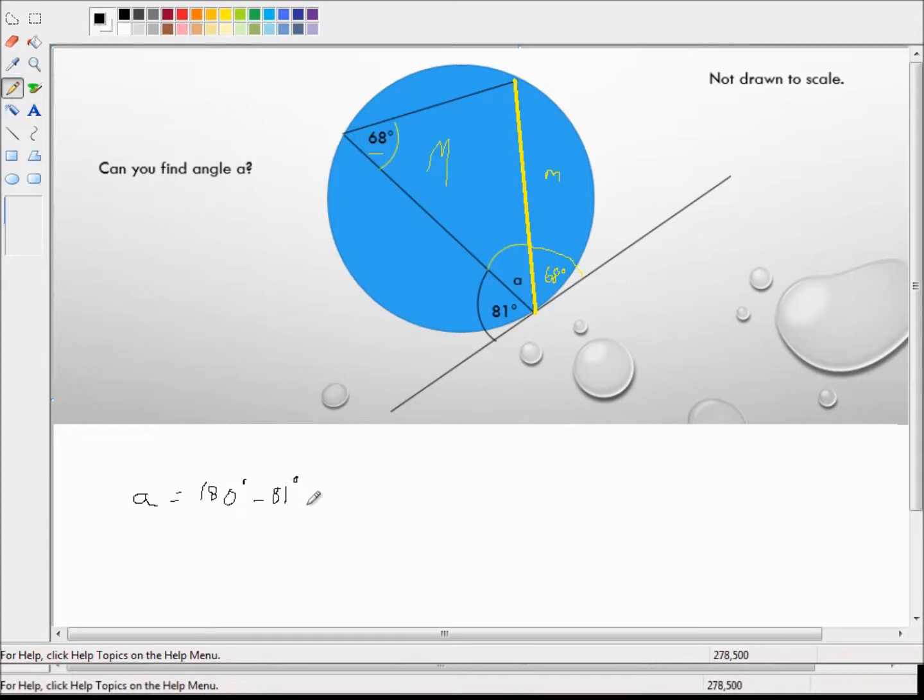Well, that's going to be 99 degrees, and then minus 68 degrees. Well, if we add 1 to 8, then that makes 9, and if we add 3 to 6, then that makes 9. So I'm saying that's equal to 31 degrees.